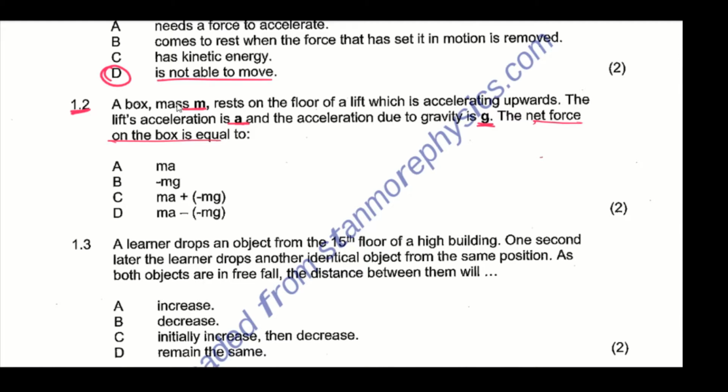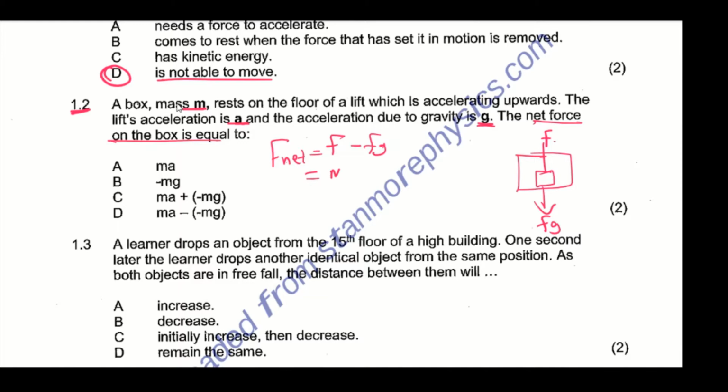So we're having a lift and we're having a box like this, right? And we know that the force of gravity is acting here and the applied force is acting up, right? So to find the net force, F net is equal to the force minus the force of gravity, right?